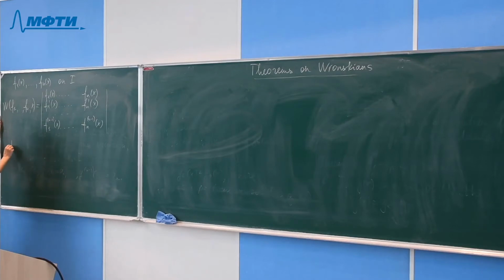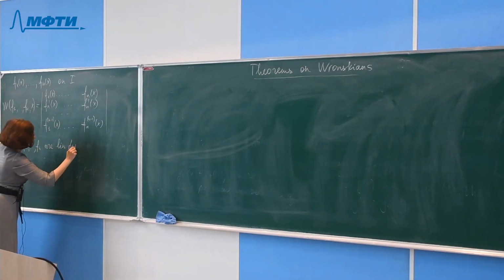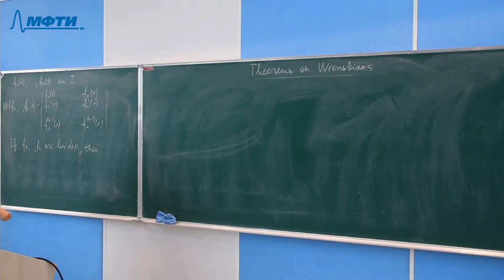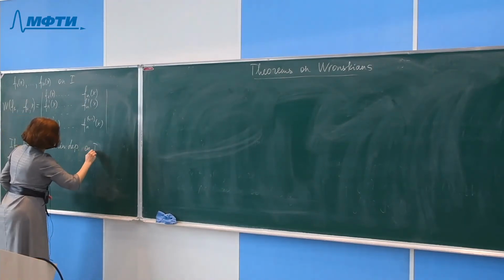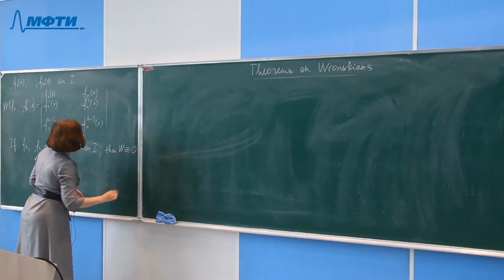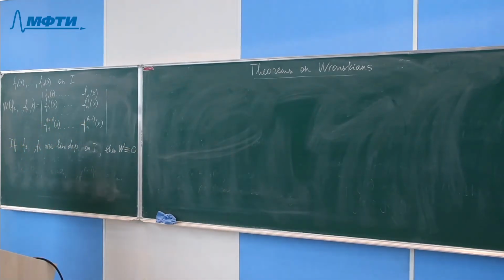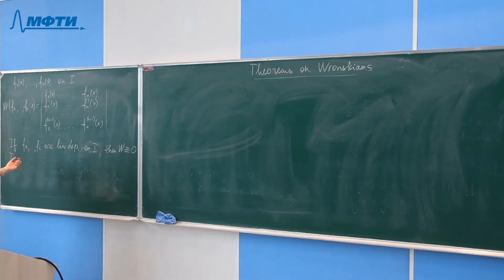Theorem says that if functions are linearly dependent on I, then the Wronskian is identically 0, so vanishes identically on I. But unfortunately this is not a criterion for arbitrary functions.